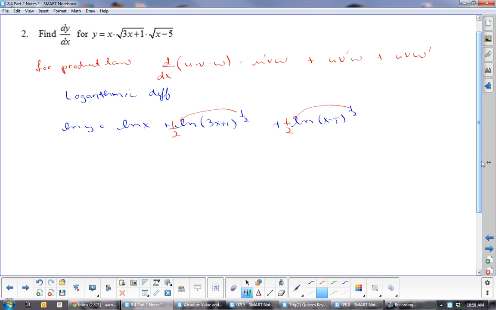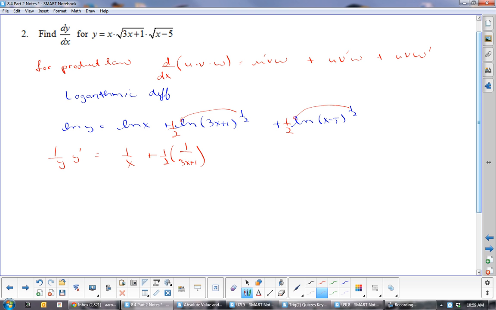So this would be 1 over y times y prime equals 1 over x plus 1 half times 1 over 3x plus 1.